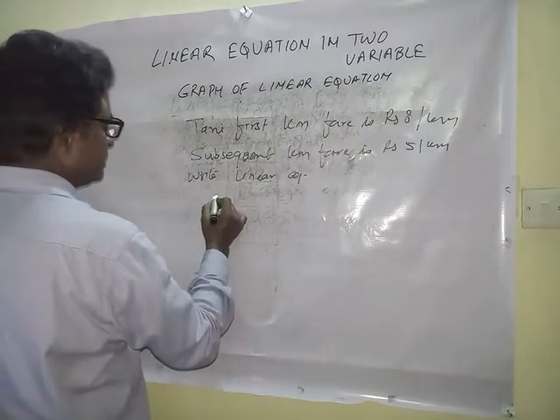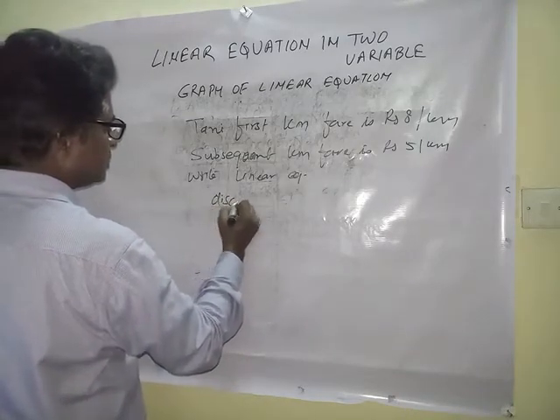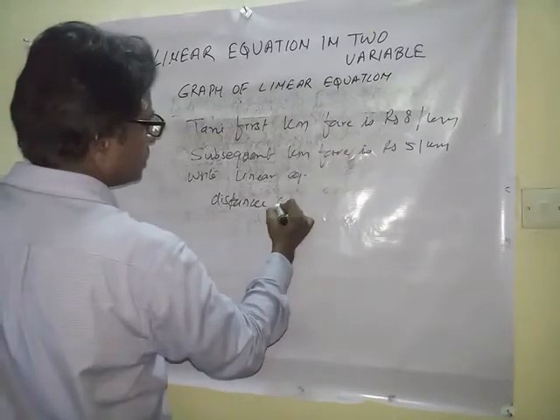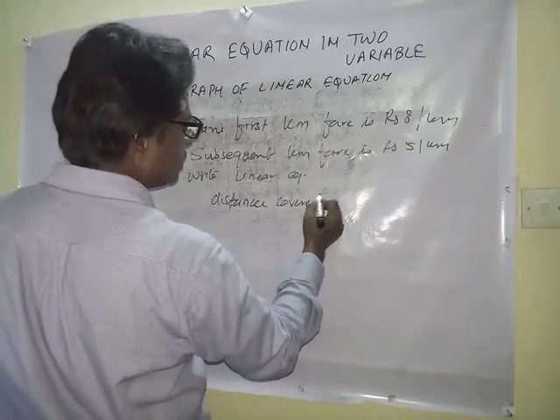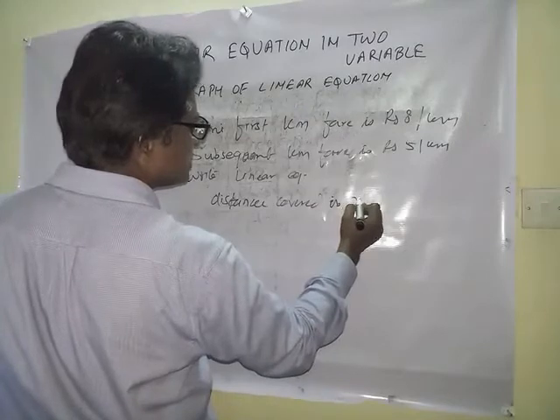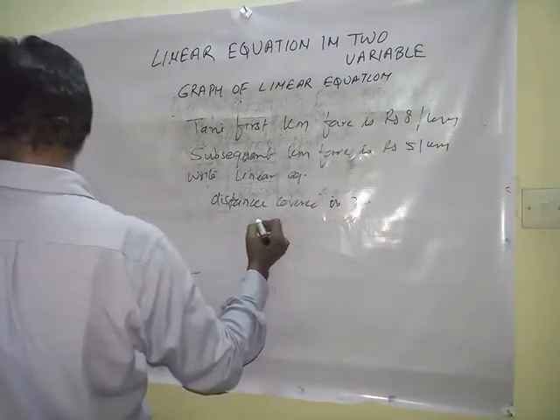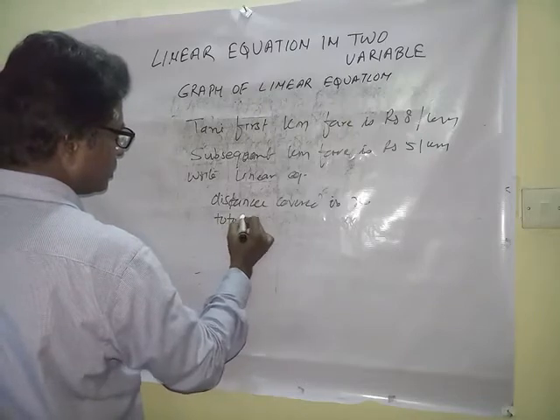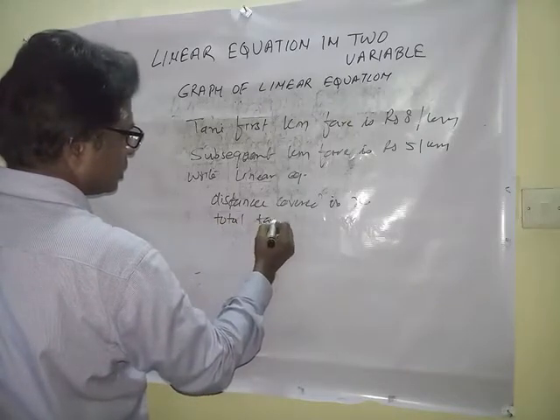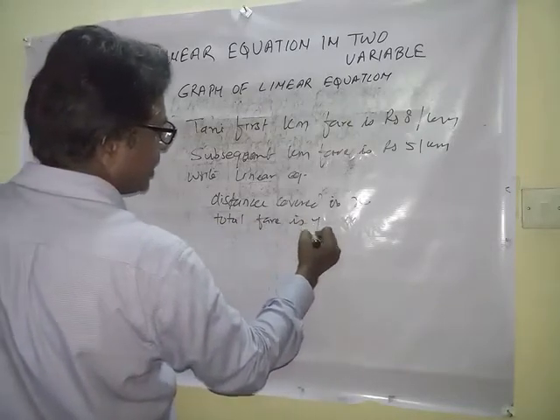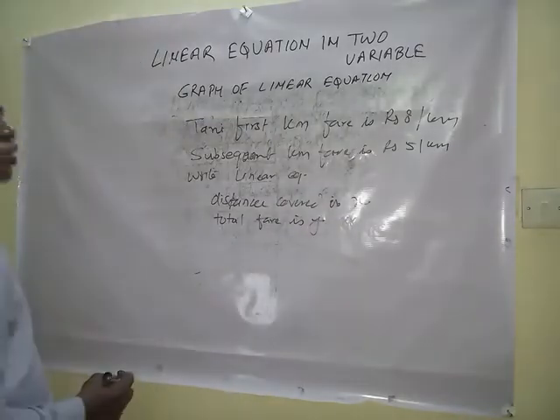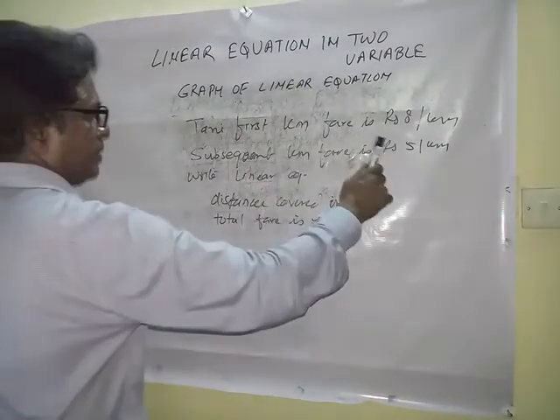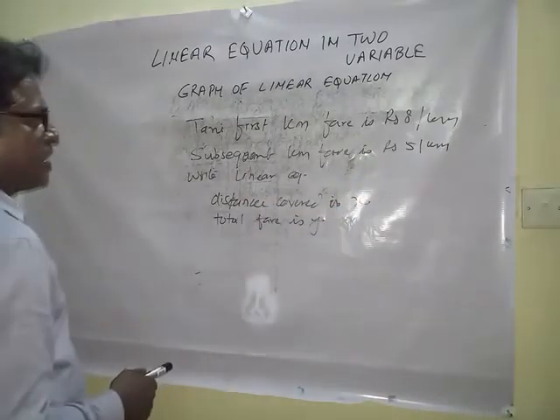So how will you write it down? Let us consider the distance covered is x and total fare is y. First kilometer fare is given as 8, the rest of the kilometer fare is given as 5.